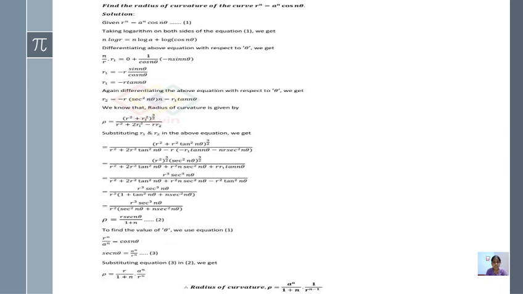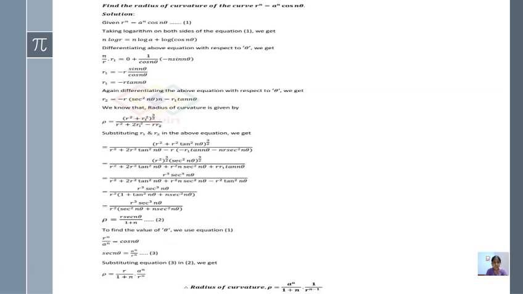By differentiating on both sides we get differentiation of n log r is n by r into r1 is equals to differentiation of n log a is 0, because differentiation of any constant is 0, plus differentiation of log cos n theta is 1 divided by cos n theta, and differentiation of cos n theta is minus n sin n theta.